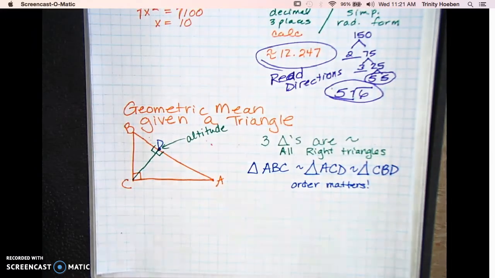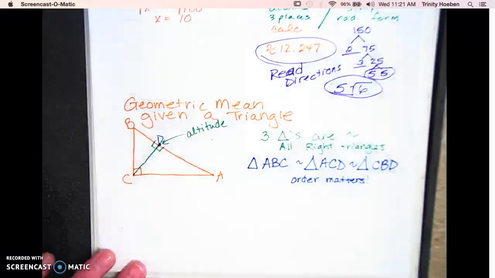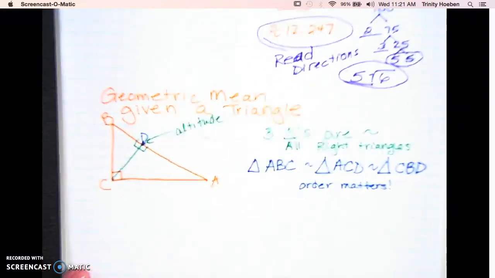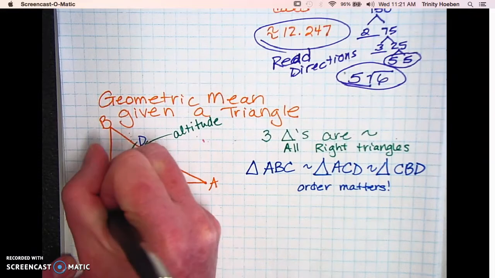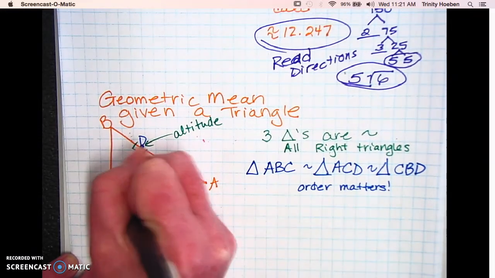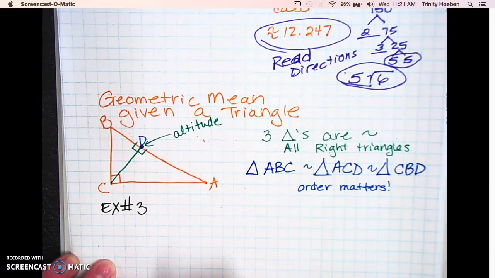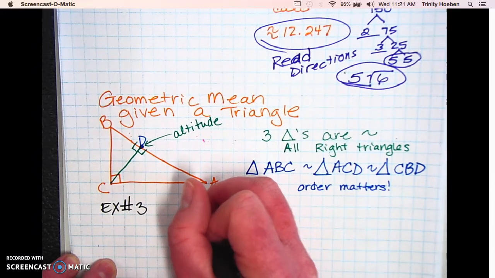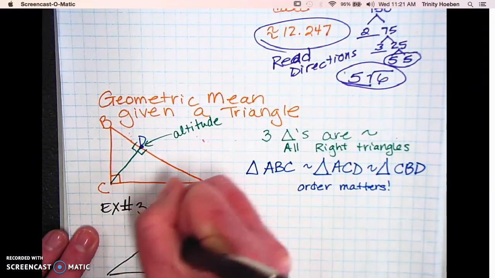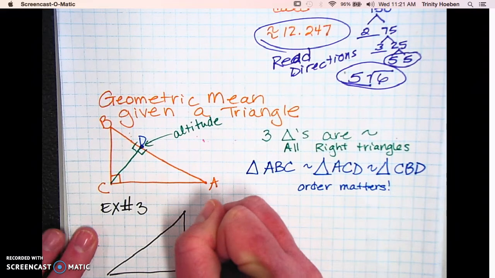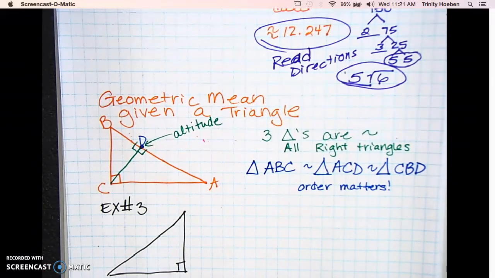All right. So let's look and see what you're going to do with this geometric mean thing. Example number 3. We're going to draw a triangle, and we're going to fill in some values.